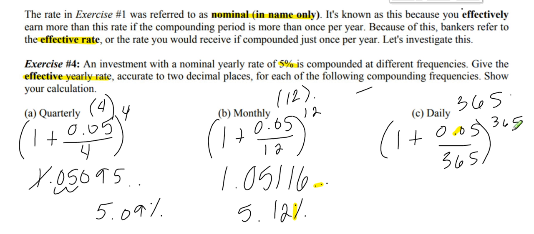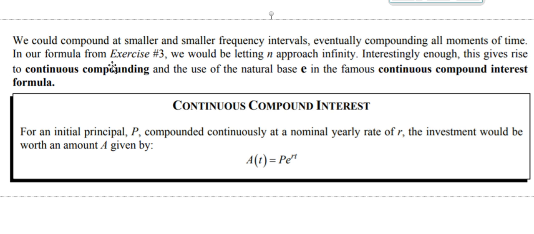In my calculator, I get 1.05126, etc. As a percent, that's 5.13%. So compounded quarterly is only 0.04% different than compounded daily. However, if I'm investing $1 million in my bank account, that does end up being quite a bit of money.